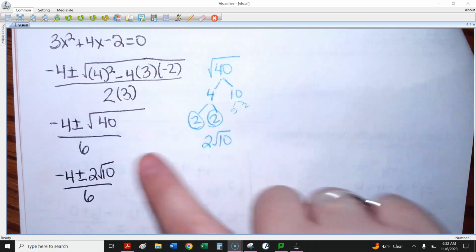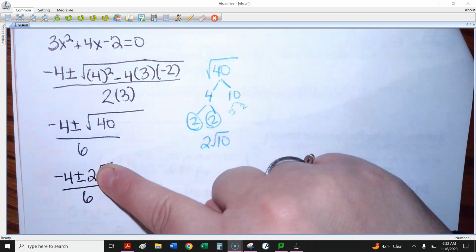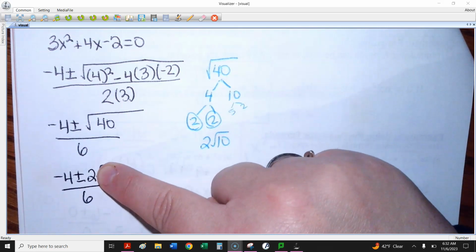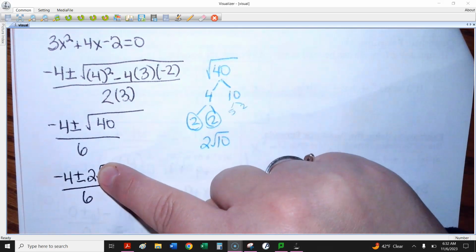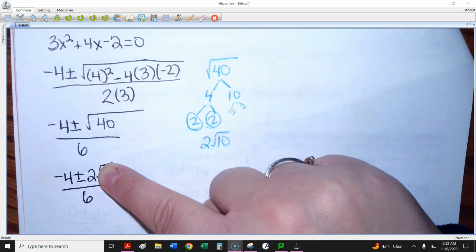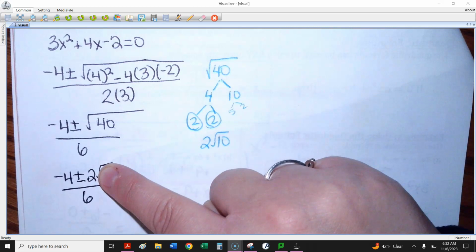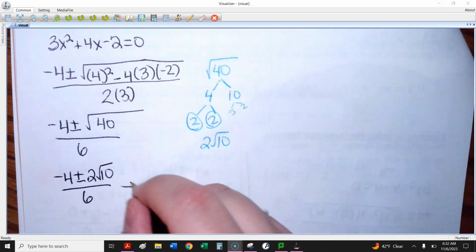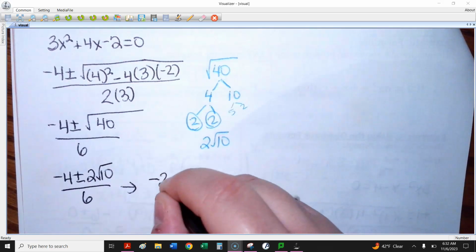Okay, now for my exact answer, this is not quite simplified, but this is super important. Once you've simplified the radical, do not touch whatever you have underneath there. Now, if all three of these numbers, so I've got -4, I've got 2, and I've got 6, if all three of those numbers are divisible by the same thing, which they are for this question, they're all divisible by 2, you can reduce that, but do not reduce or do anything with what you had left under the radical, so just leave that alone. So that -4 is going to become -2 plus or minus.